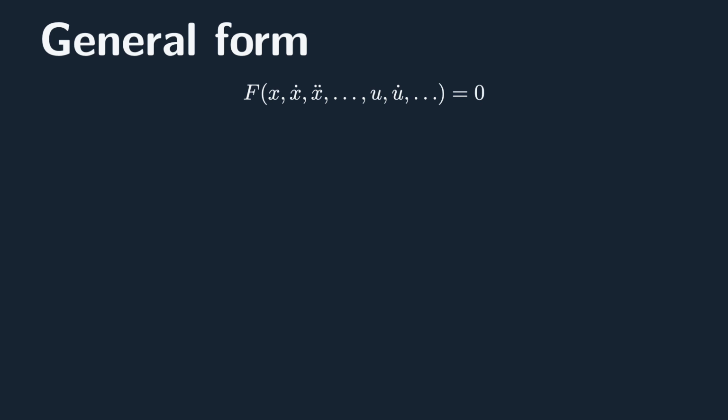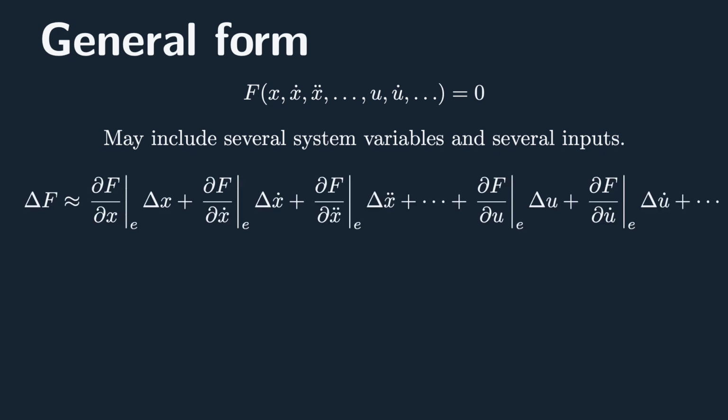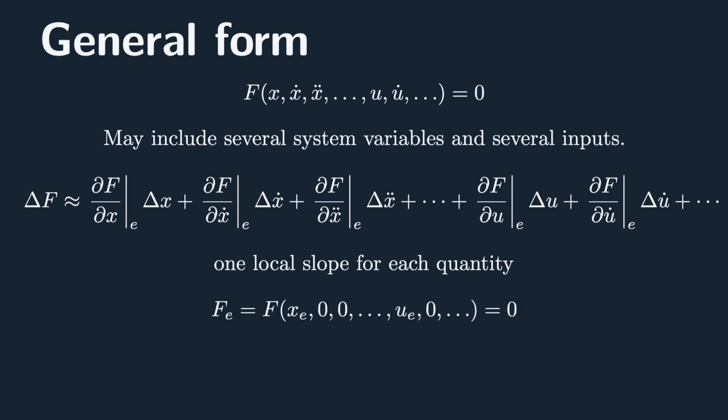In other systems, there might be several system variables, such as theta 1 and theta 2, or several input variables, such as u1 and u2. The linearization idea is the same as before. We take one local slope for each quantity using partial derivatives evaluated at the equilibrium point. Because the chosen equilibrium point satisfies the original ODE, the constant term is 0. So, the linearized equation describes how small deviations affect f near that equilibrium point.